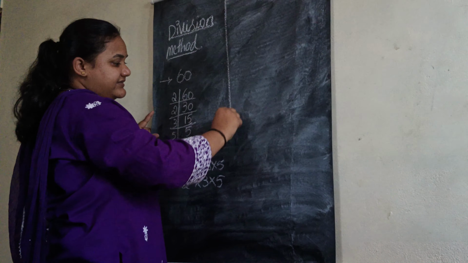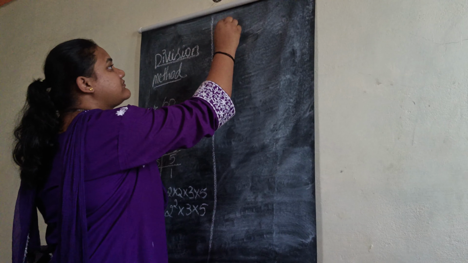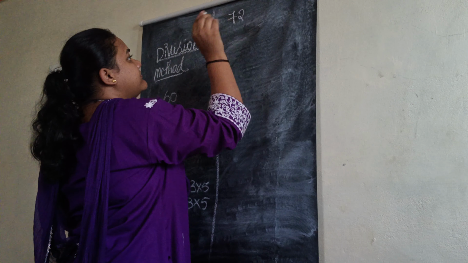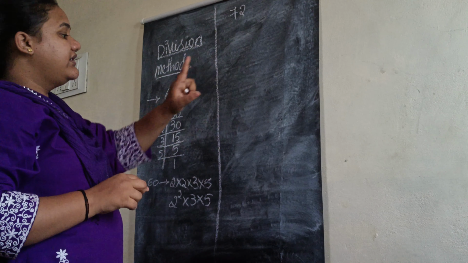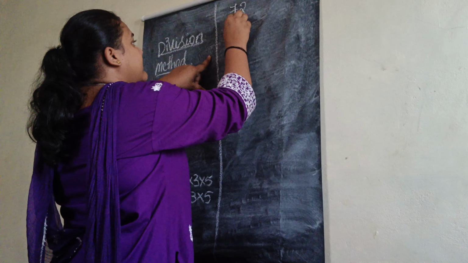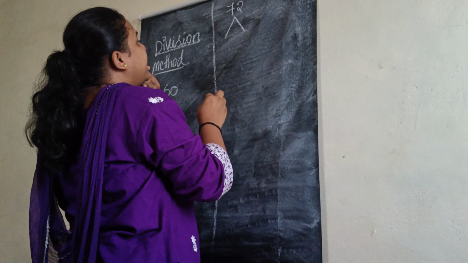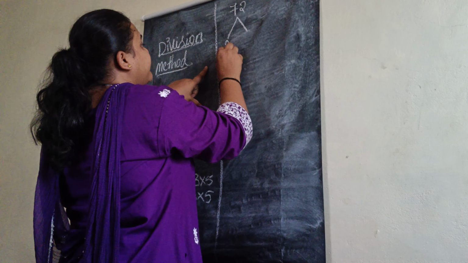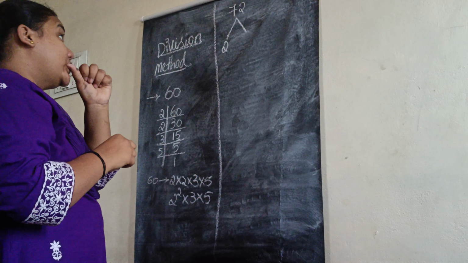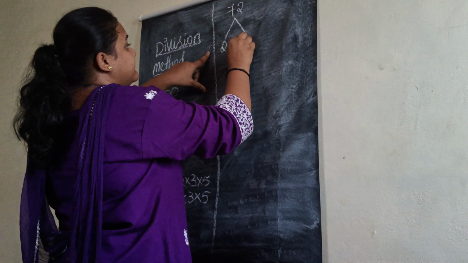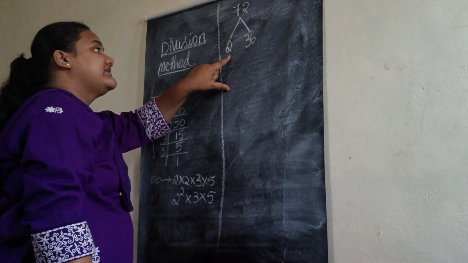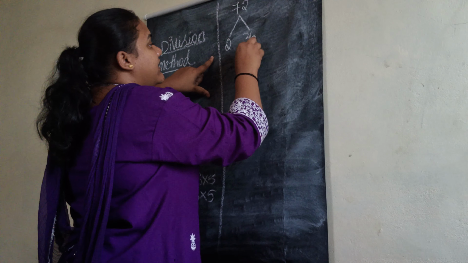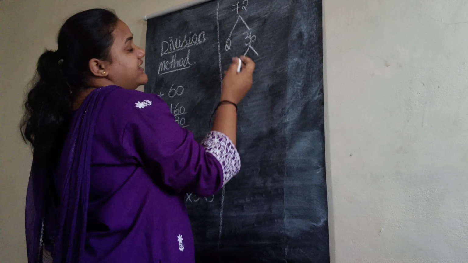Let us take another example, 72. We will do both the factor tree method and the division method. In the tree method, again we take 2. 2 36s are 72. We can't split 2 because 2 is a prime number, so we have to split 36.